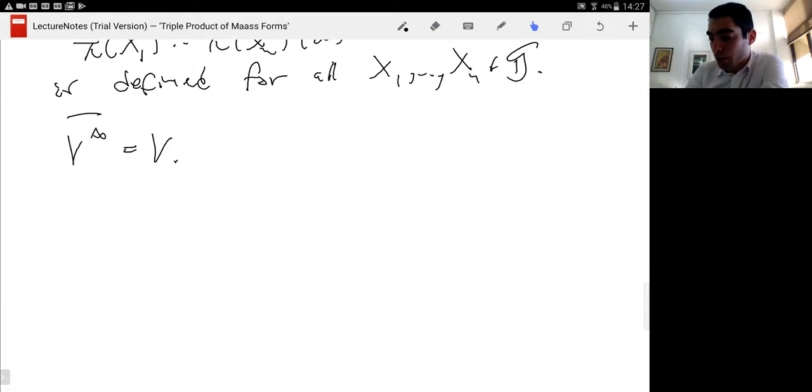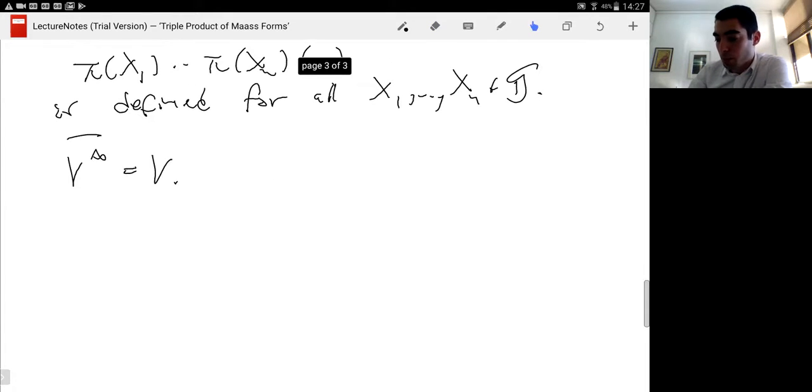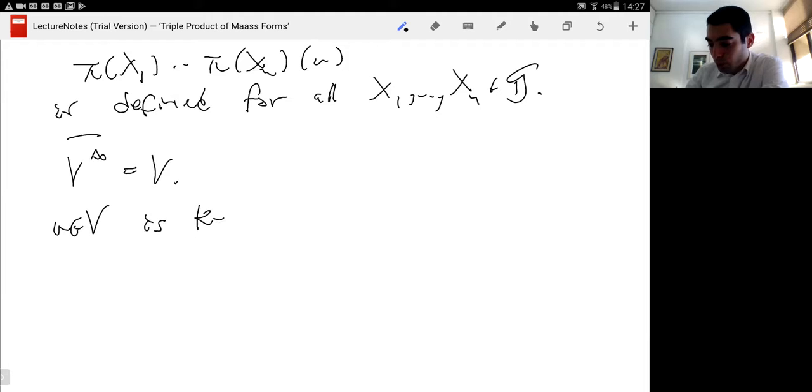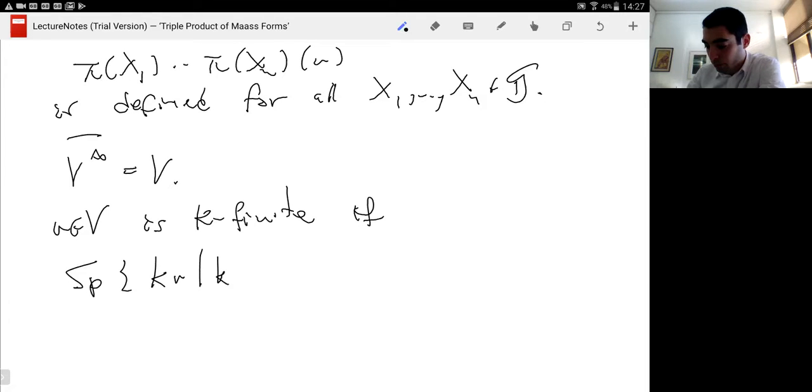Now, this is not quite good enough. V infinity is still a bit too large. So we are going to make a final definition. A vector v in V is K finite if the subspace, the algebraic span, is finite dimensional.